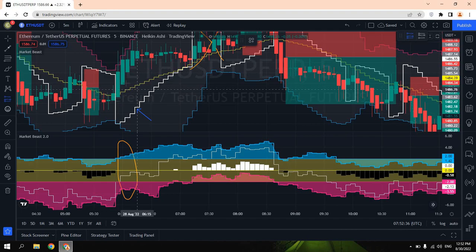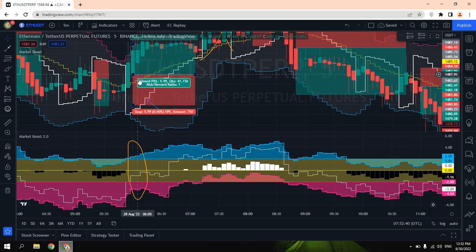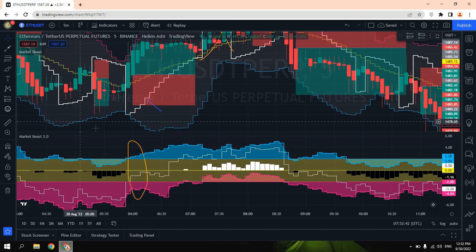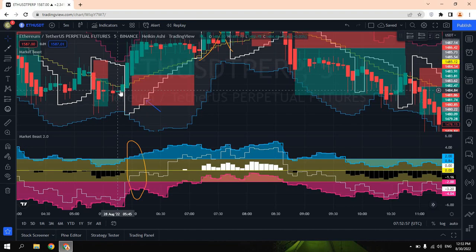So I am taking a long position on this candle. And what should be our stop loss? Now let's talk about stop loss, take profit and entry. We will take entry whenever these conditions happen and price closes above the yellow line.